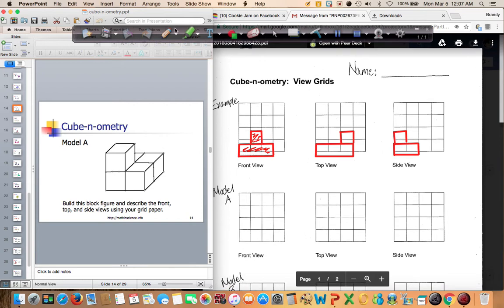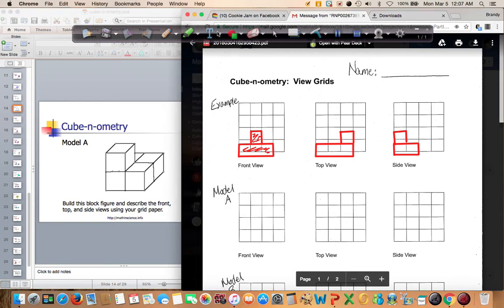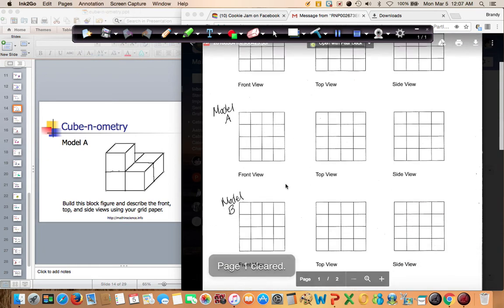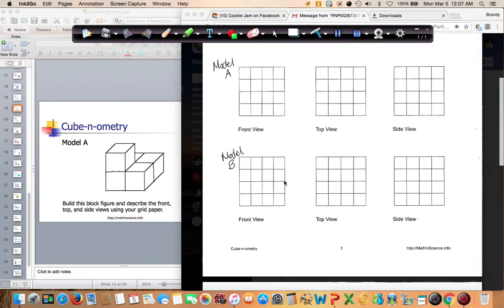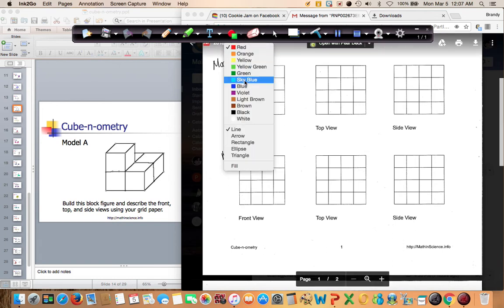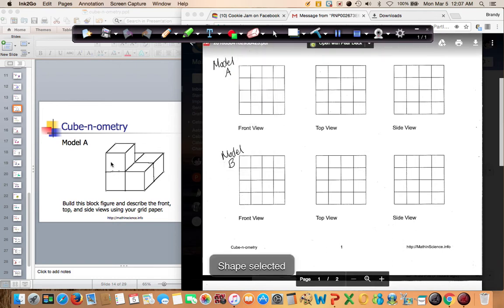Alright, so let's try model A here. Okay. So I will clear this out. Let's look at model A. If we build this, let's see how this works. The front view, if you're standing here, is this piece right here. You guys see that?